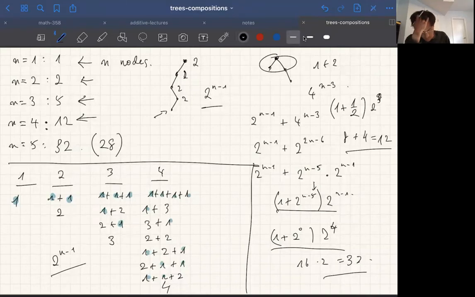So what's the problem? Is there a restriction on where these go? So I'm pretty sure this is correct. If there's only one child at the top, there are 2 to the n minus 1 ways of putting those.